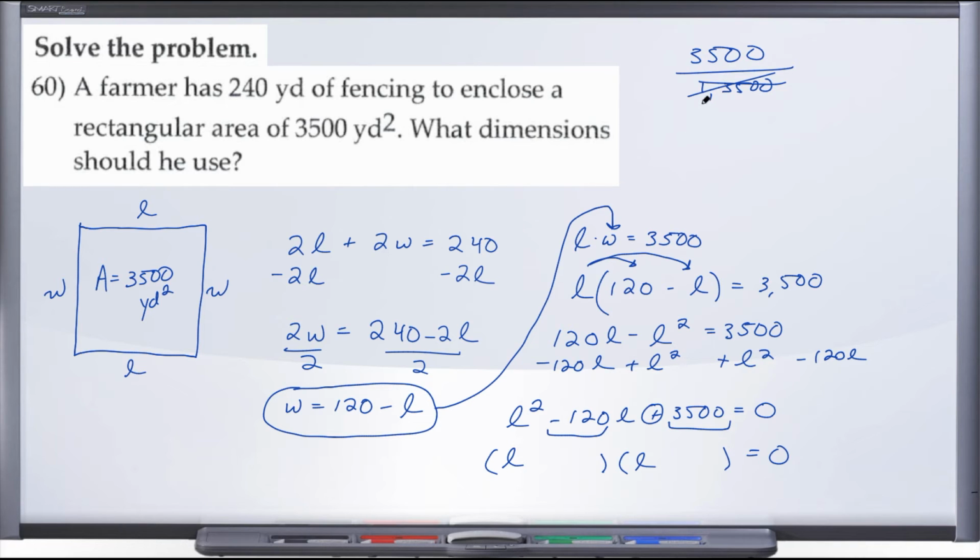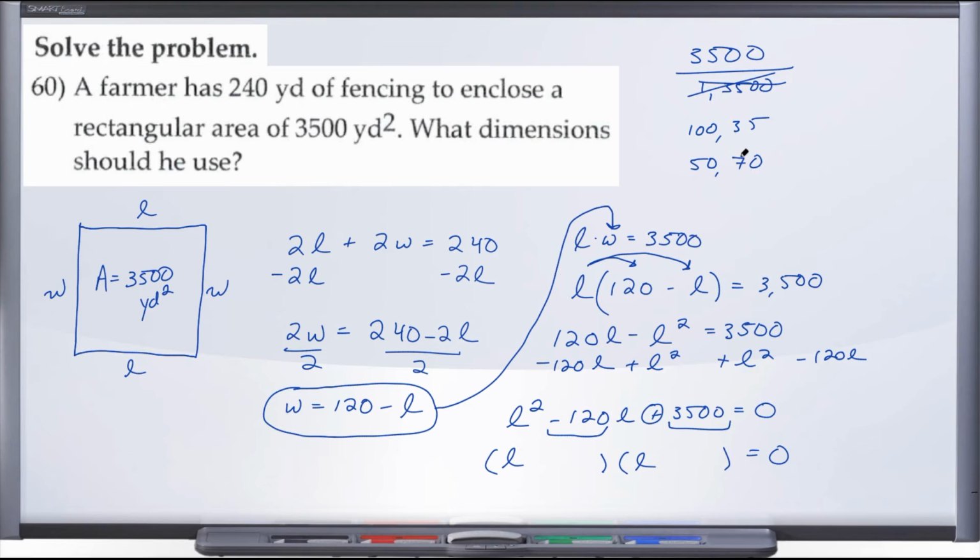So we know that 3,500 divided by 100 is going to yield 35. And we want these two numbers to add to negative 120. So we're getting close, but not quite there. All right, so we know that 100 is too high. So let's cut it in half and see what happens. If we divide 3,500 by 50, we will get 70, right?